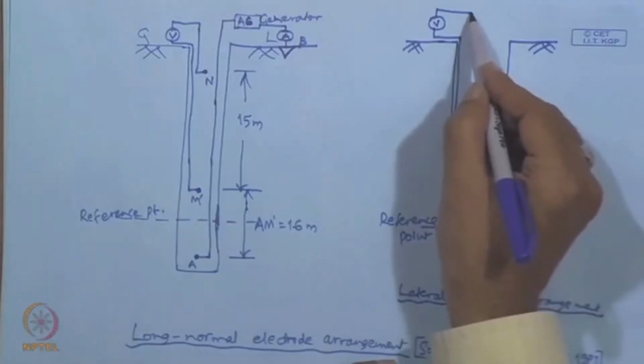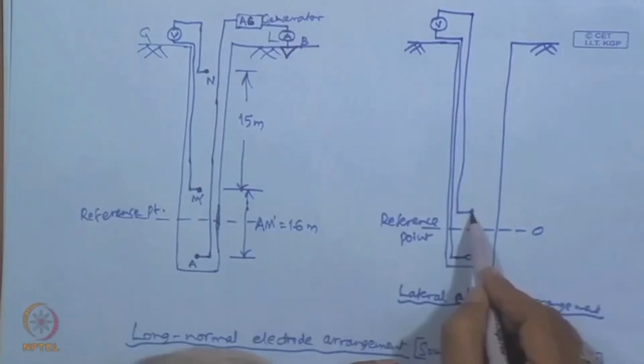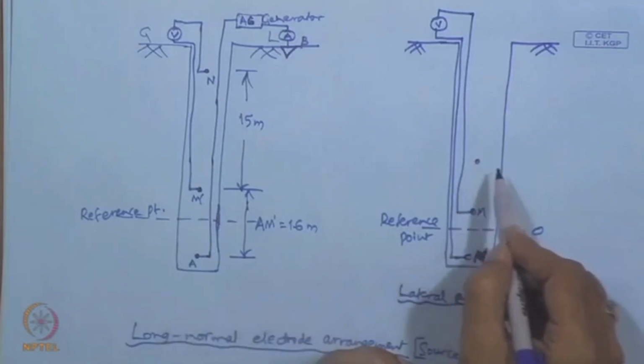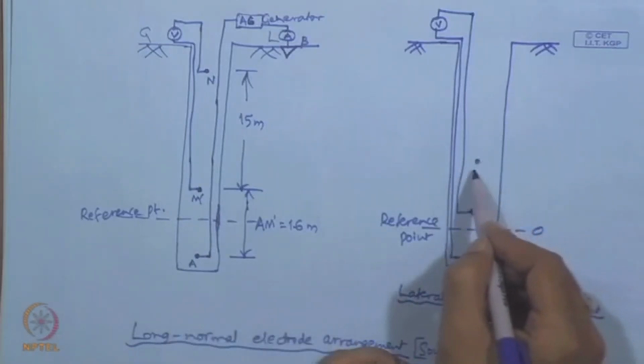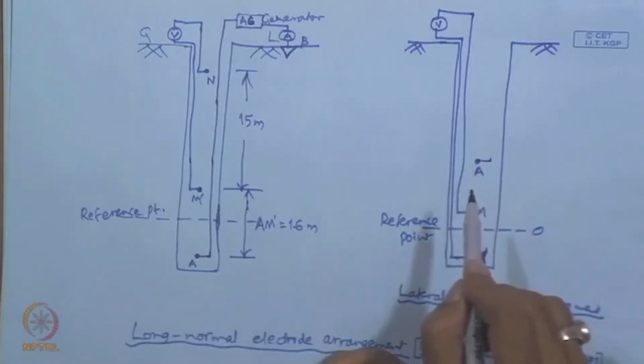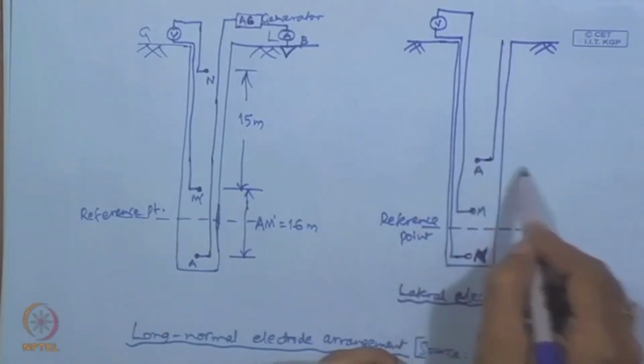M is above this point and N is below the reference point, and the distance is much less, and in this case the current electrode A is below.